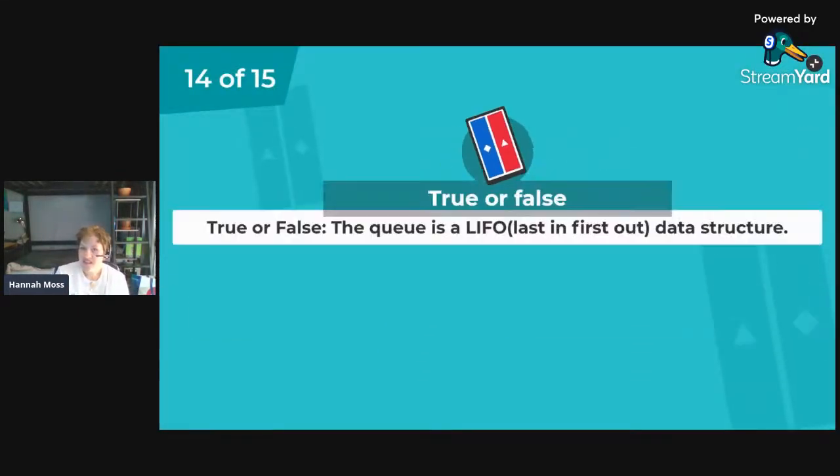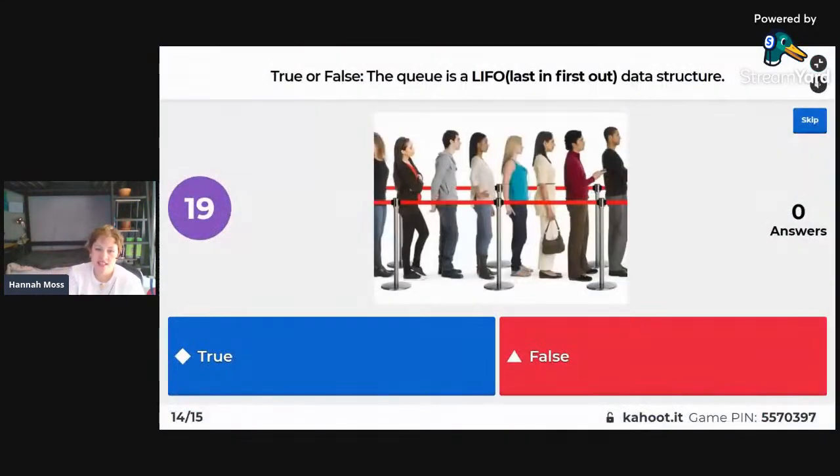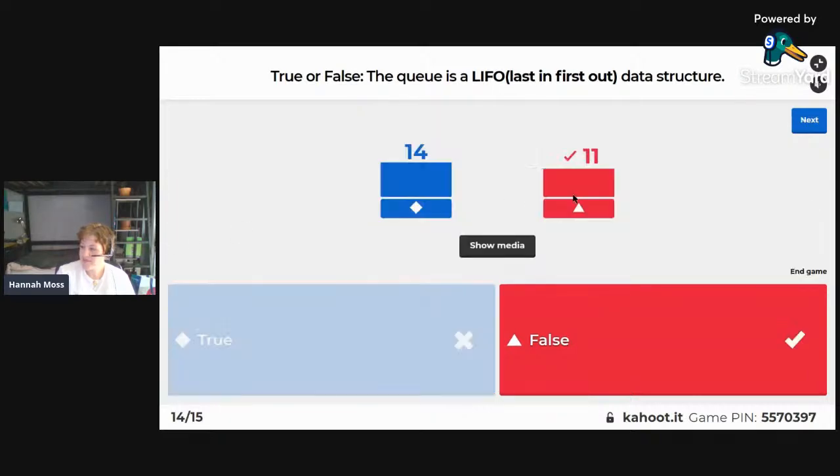Okay. Last 2 questions. The queue is a last in, first out data structure. So this one on stack is definitely something to look into.